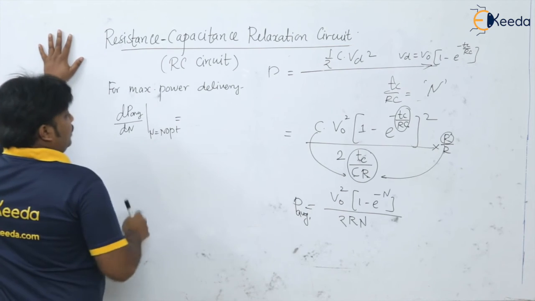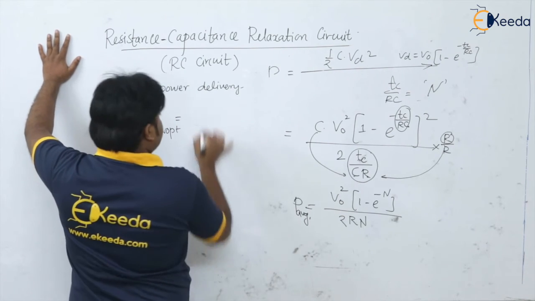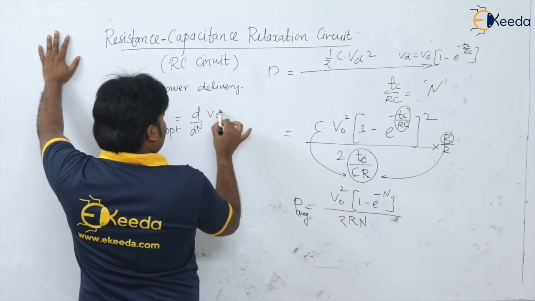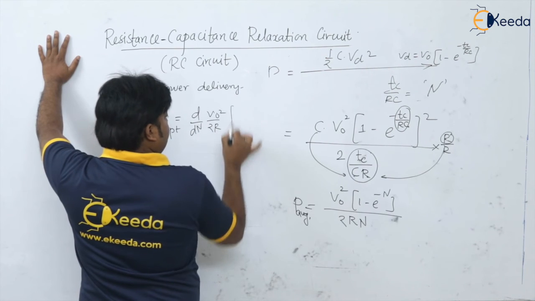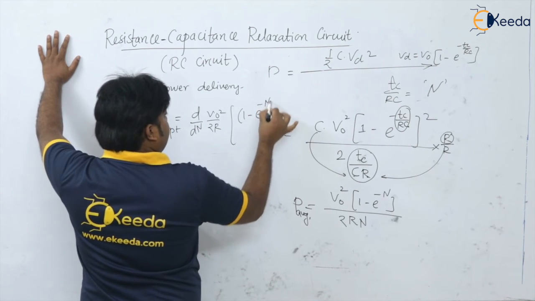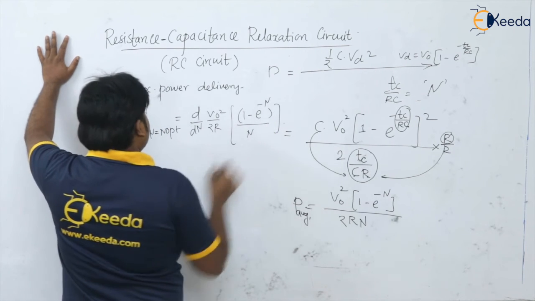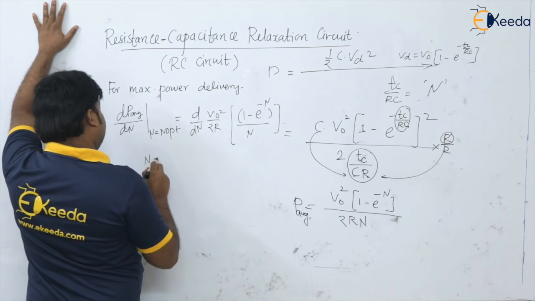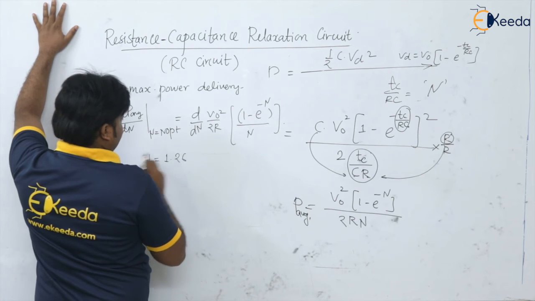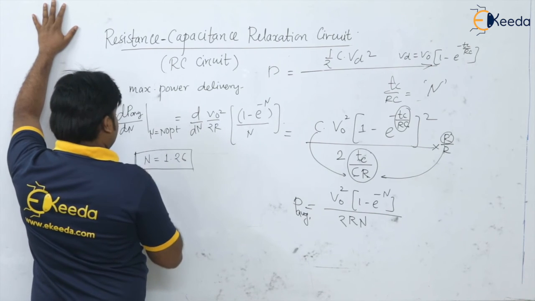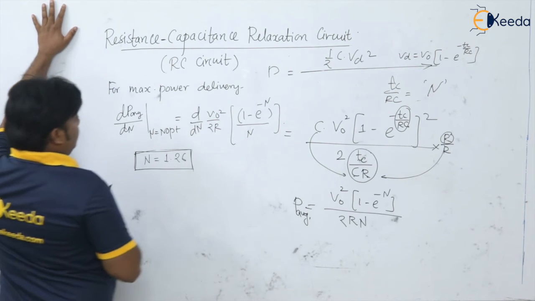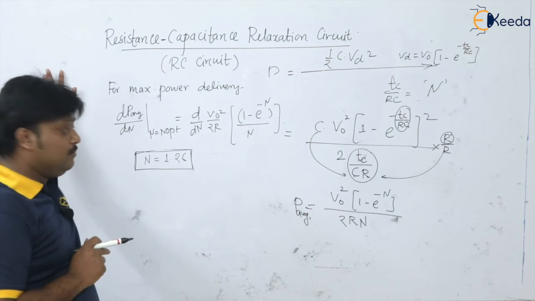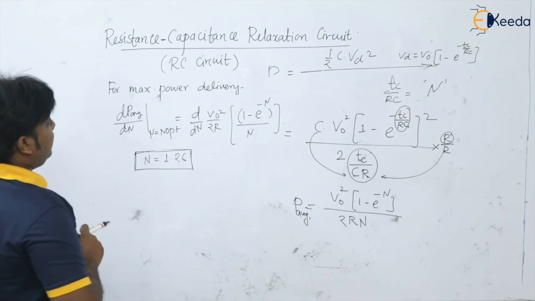You differentiate d dn of VO square divided by 2R into 1 minus e to the power minus n divided by n. And if you solve for n, the value of n will be 1.26. Please keep it in mind, this n value, after maximizing this power with respect to n, for the optimum n, we get n equal to 1.26.